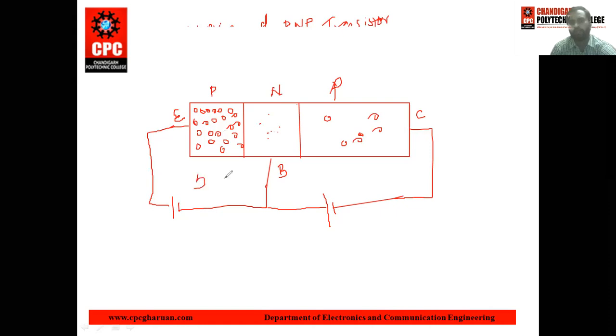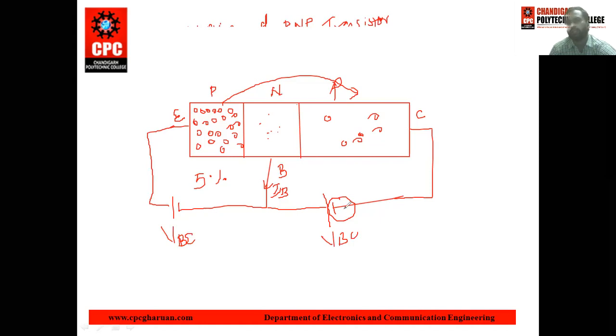Due to that, only 5% of holes and electrons recombine, and the IB current flows. The remaining 95% of holes move to the collector side, attracted by the negative polarity. This is VBC and this is VBE.